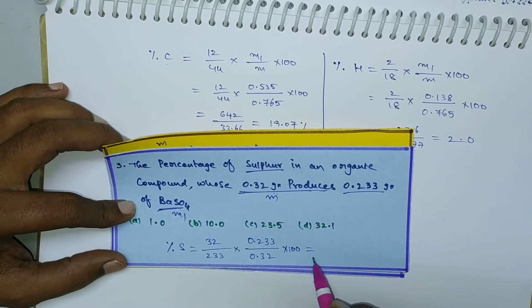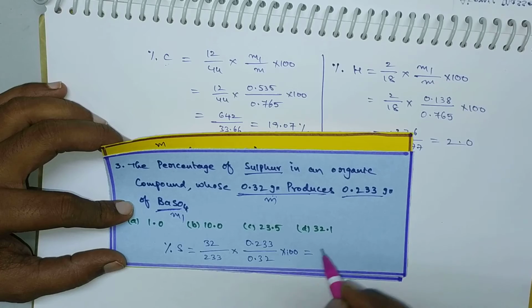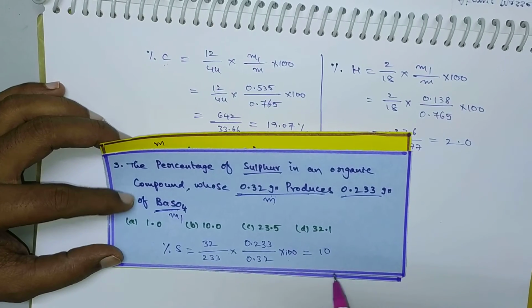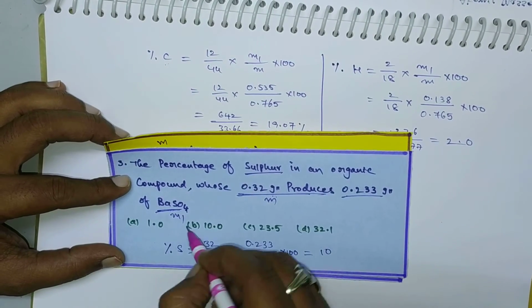By simplification you get the answer 10. So 10 means the second option.